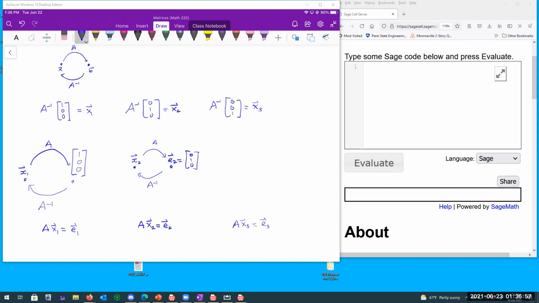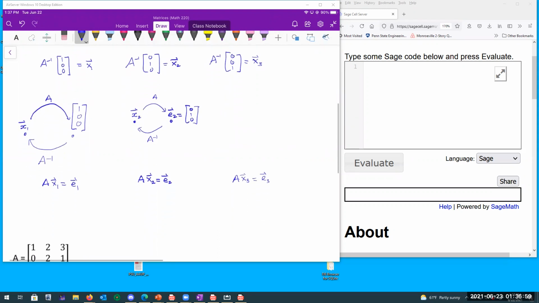Now, in order to solve these, we calculate the augmented matrix, A augmented with E1, and we row reduce. A augmented with E2, and we row reduce. A augmented with E3, and we row reduce.